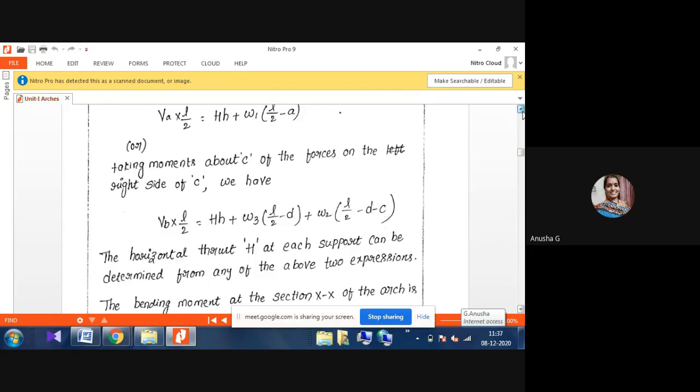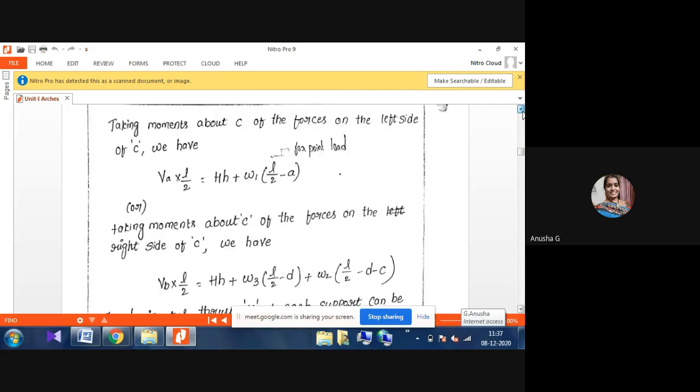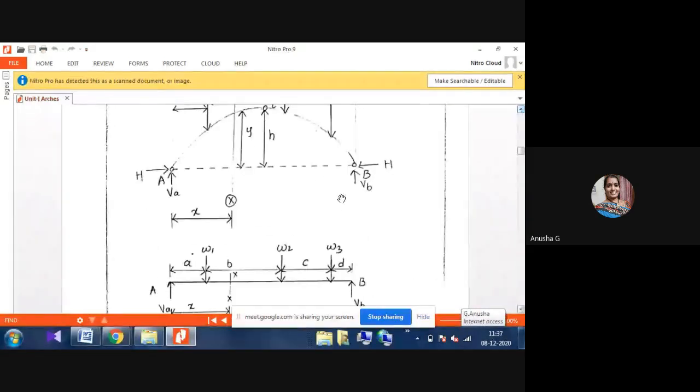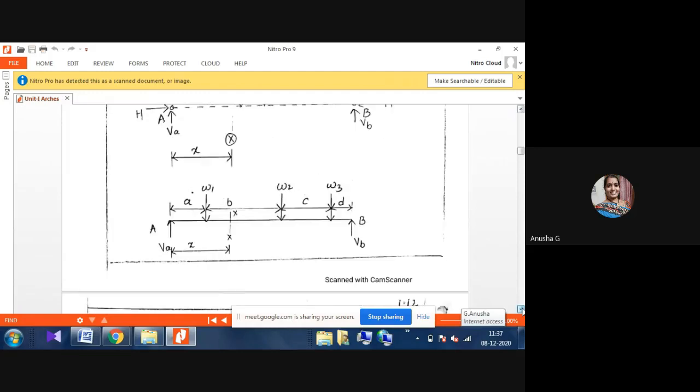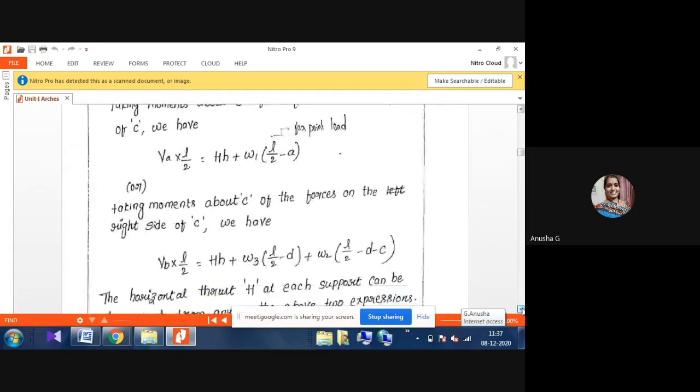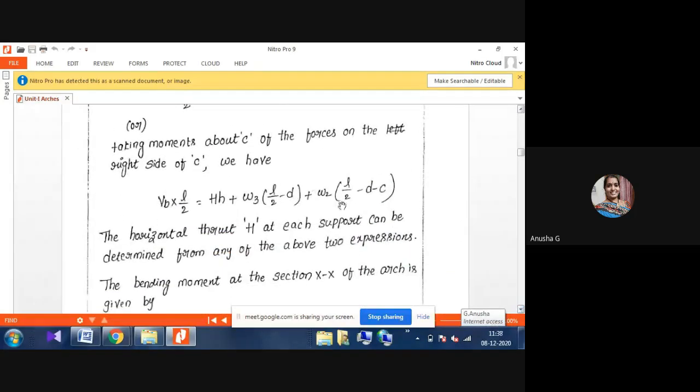You already know from the start of engineering mechanics and strength of materials how to calculate this. W3 into the total distance up to the center means L by 2 minus D will be considered. If you take W2, what will happen? W2 into L by 2 minus D minus C. That is our W2 distance.